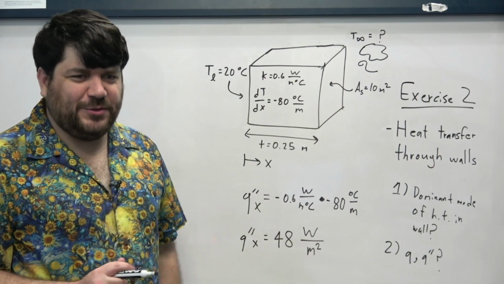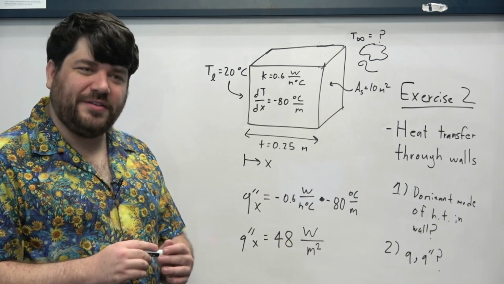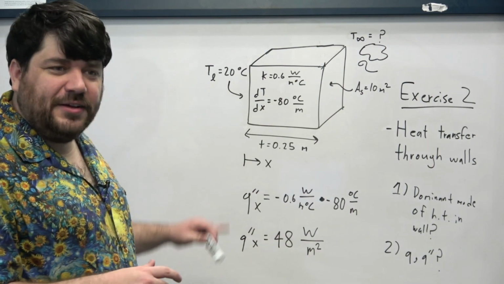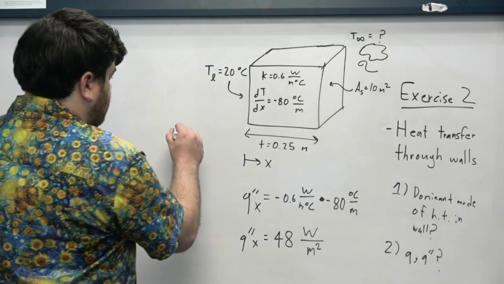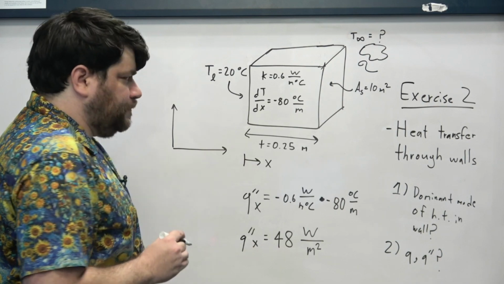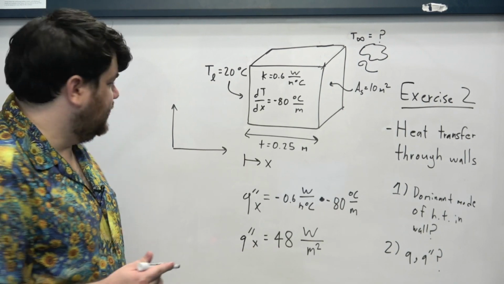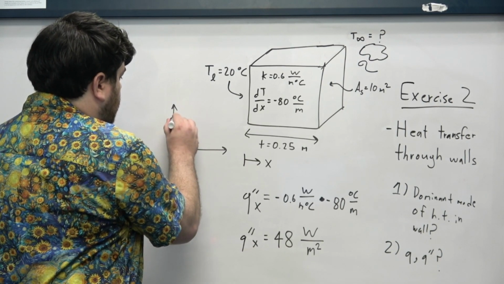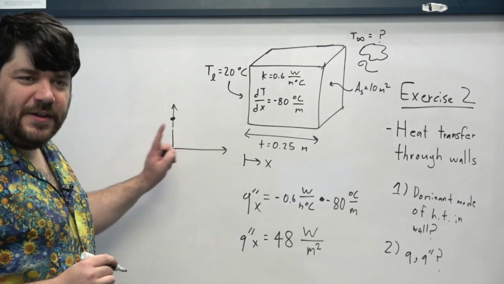So let's just do a quick check to make sure that our signs worked out correctly. If I take a look at a plot of what the temperature of this wall should look like, well, we know that the temperature of the wall on the left-hand side is going to be 20.